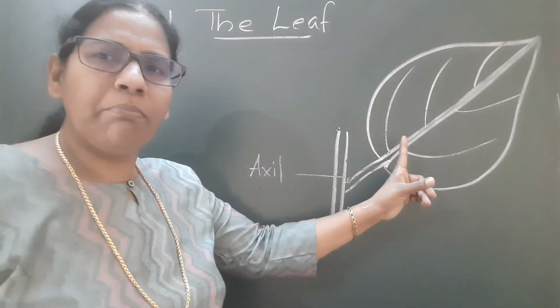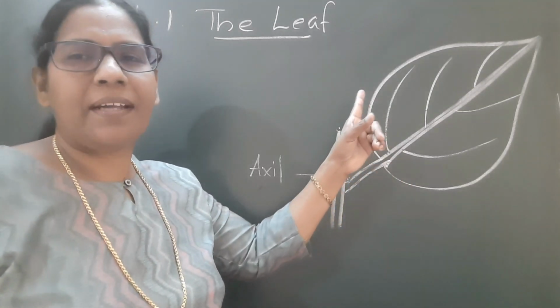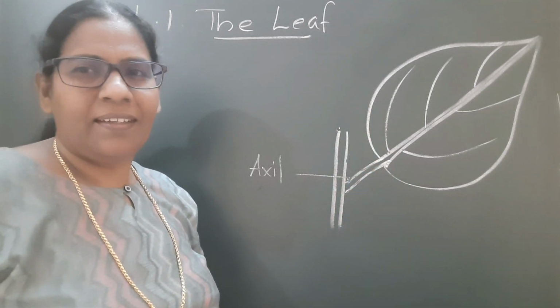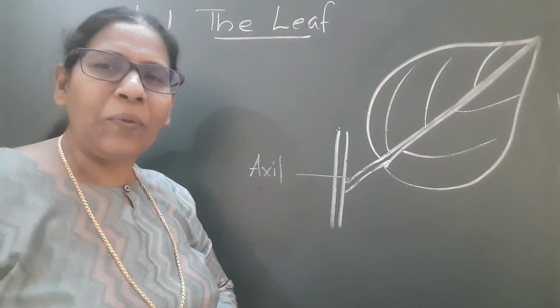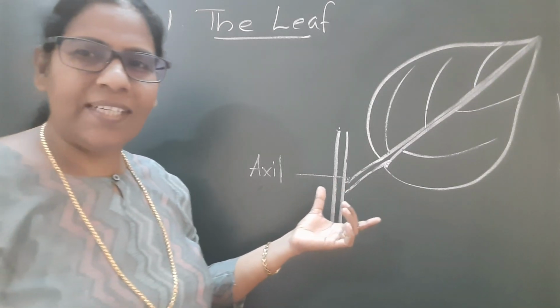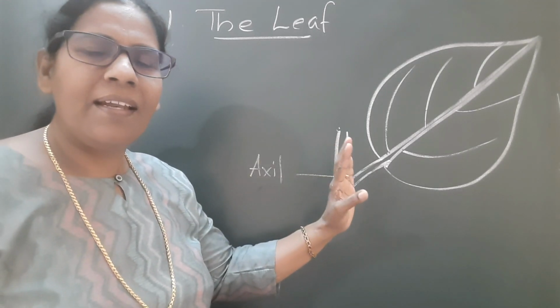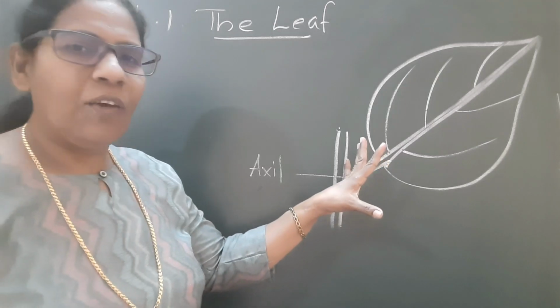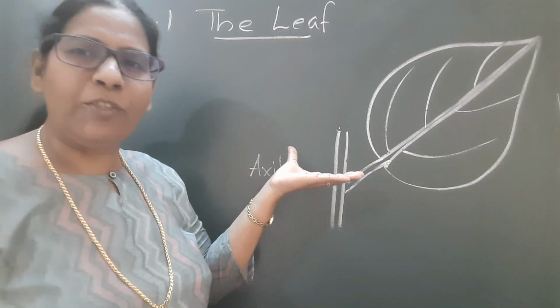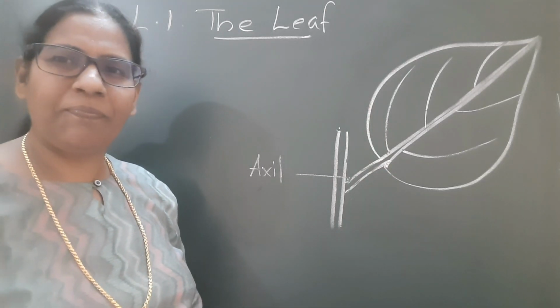Then once it becomes mature, the new leaf starts coming. You understand? The stem keeps growing, whereas the leaf waits to attain maturity and then the new leaves come.